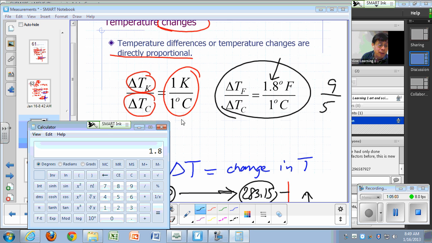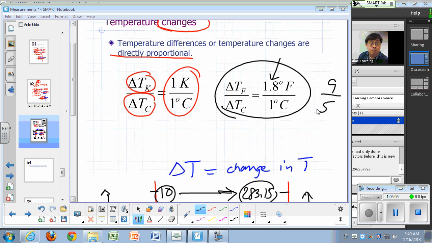That's where that 1.8 comes from in the formula. By definition, okay, that means as agreed upon, as defined, a change of 5 on the Celsius scale corresponds to a change of 9 on the Fahrenheit scale. So those changes or differences in temperature are directly proportional.